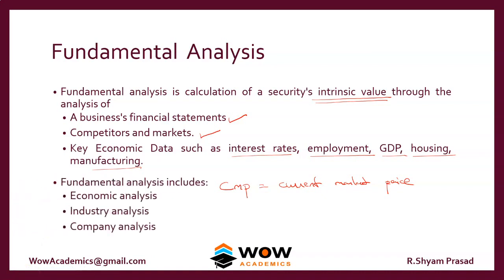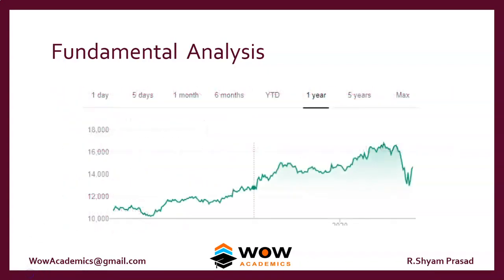So fundamental analysis includes the economic analysis, the macro things, the industry analysis, where we find out the competitors, and then we analyze the company data. It's a step-by-step approach to find out the intrinsic value of a company.